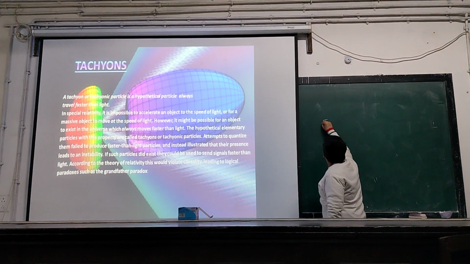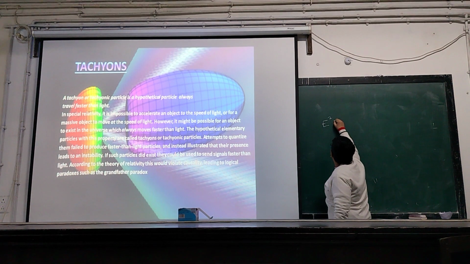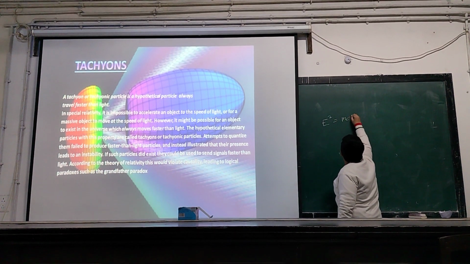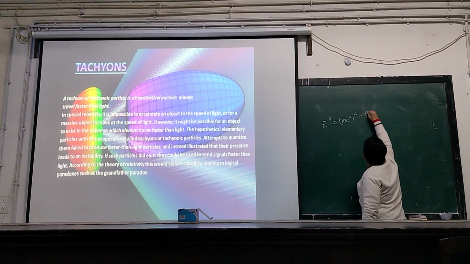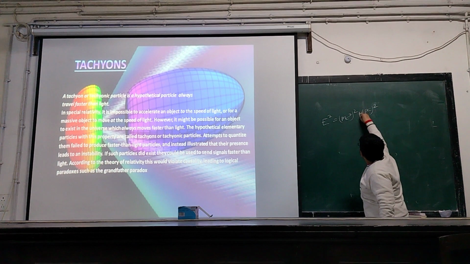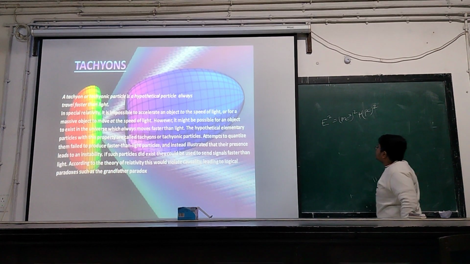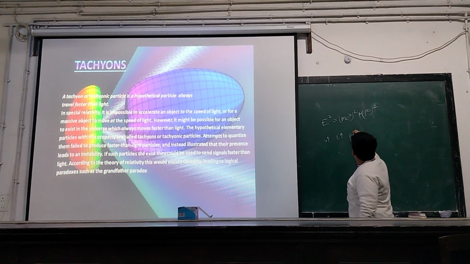Normally we know Albert Einstein's equation, which normal particles follow. This is the normal one, where if velocity increases, energy also increases, and so does the momentum of the particle.